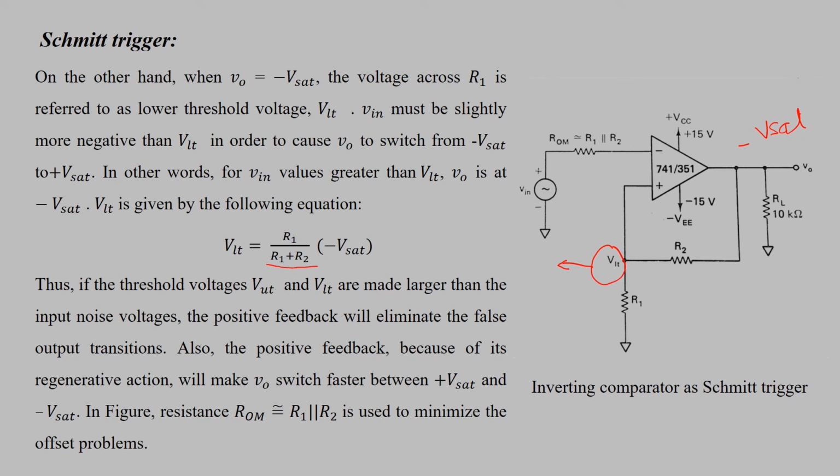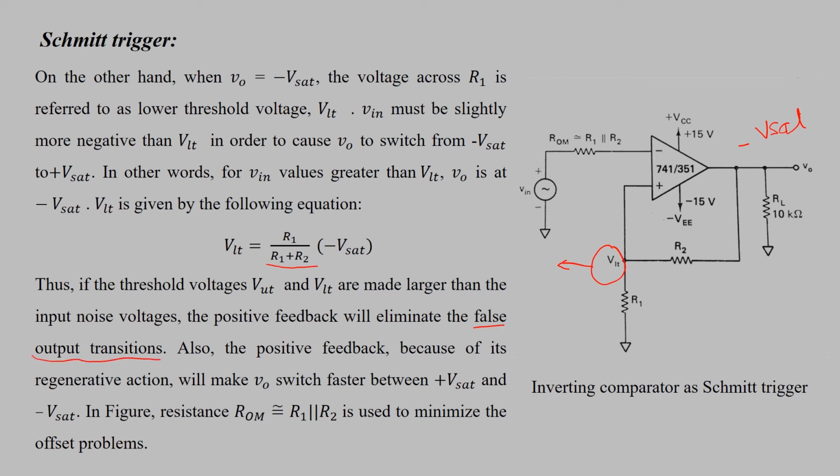Thus, if the threshold values VUT and VLT are made larger than the input noise voltages, the positive feedback will eliminate any false output transition.